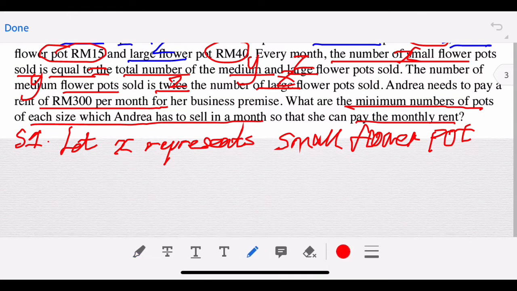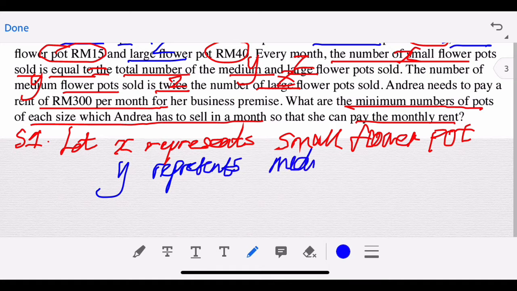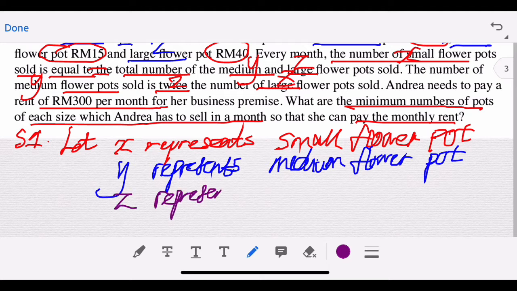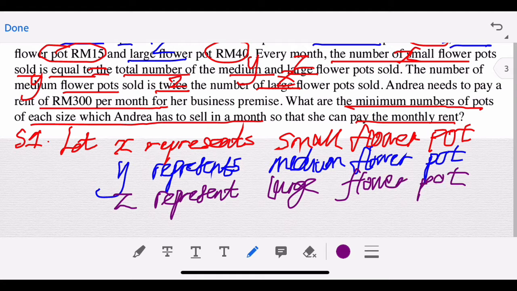After we define X, Y represents medium flower pot. This is defining the variables, and we have three variables. Z represents large flower pot. So we have defined the variables, and now we can form the equations.